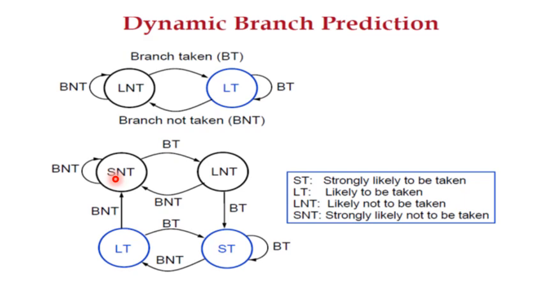As program execution progresses and the same instruction is encountered again, the state of the branch prediction algorithm continues to change as shown. When a branch instruction is encountered, the instruction fetch unit predicts that the branch will be taken if the state is either LT or ST, and it begins to fetch instructions at the branch target address. Otherwise, it continues to fetch instructions in sequential address order.